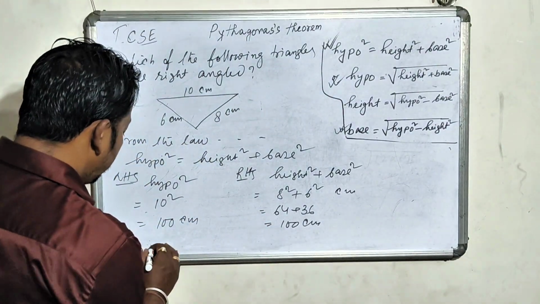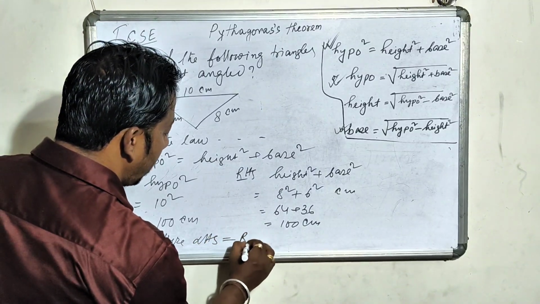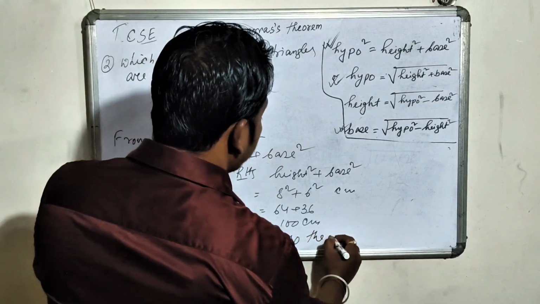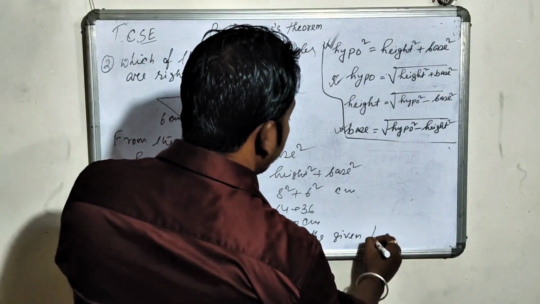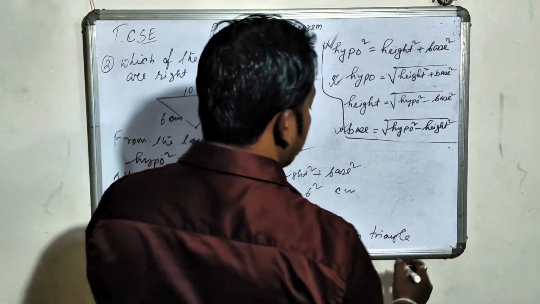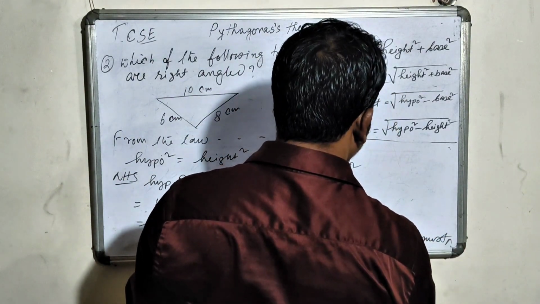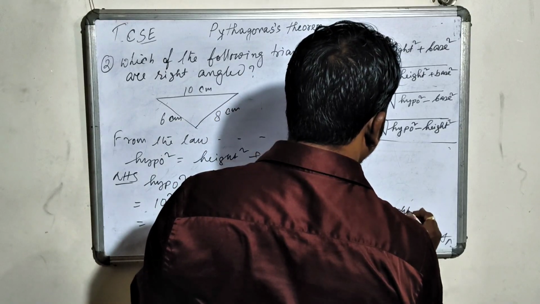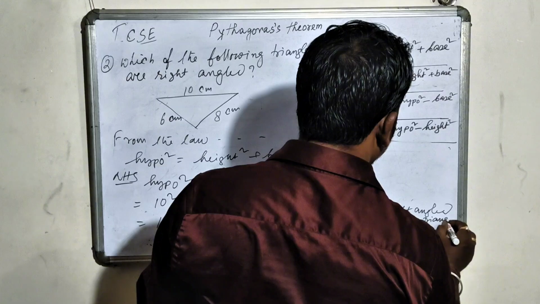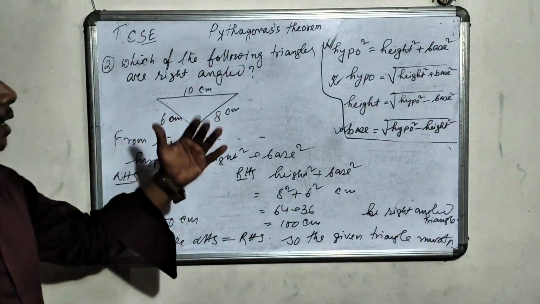Therefore LHS equals to RHS, so the given triangle must be a right angle triangle.